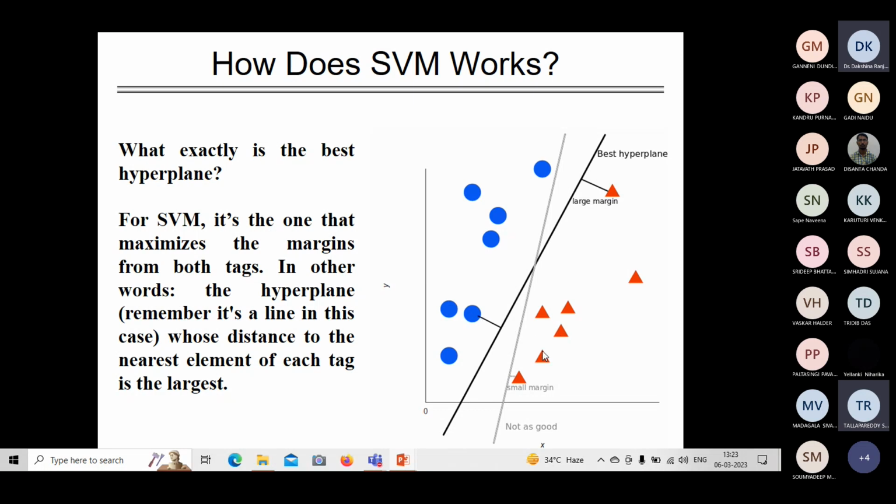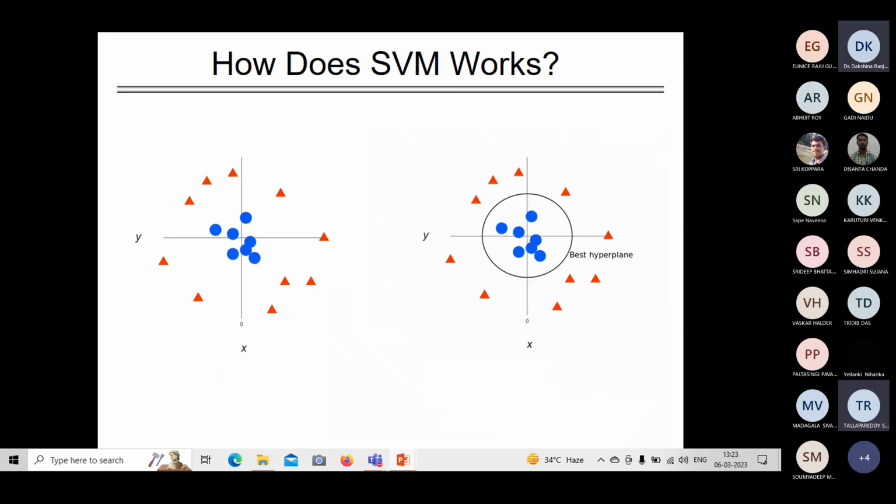Between these two class margins, we have to maximize this distance. This best hyperplane will lie somewhere in the middle of these two margins, or two class boundaries. In this way, we can get the best hyperplane using support vector machines.